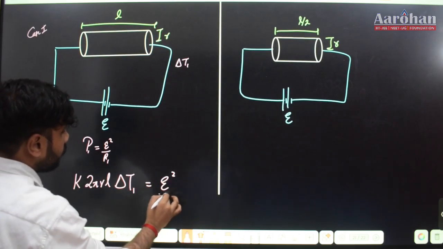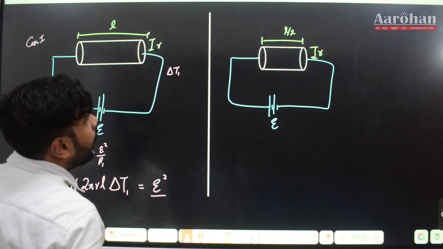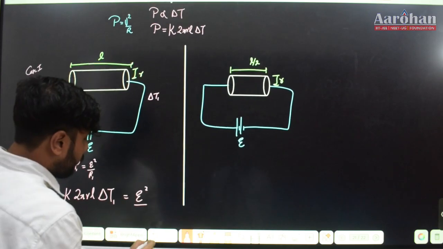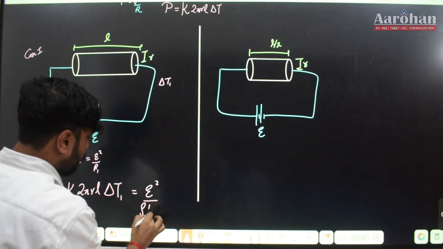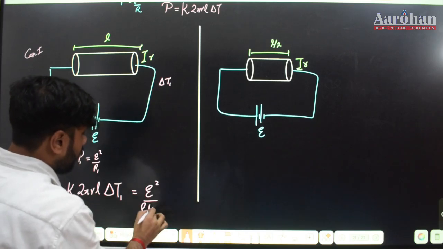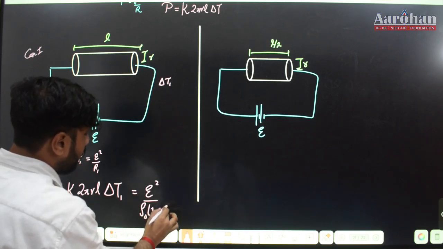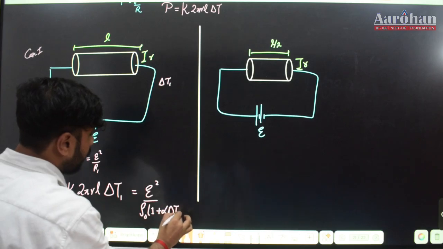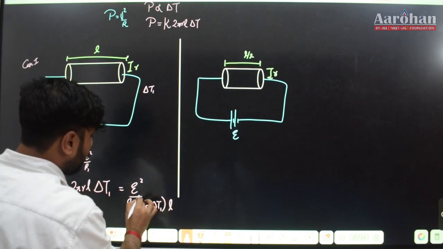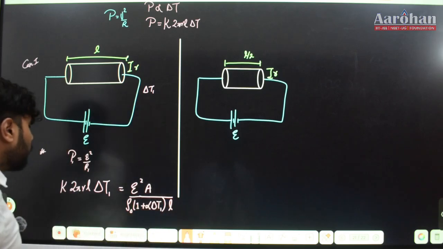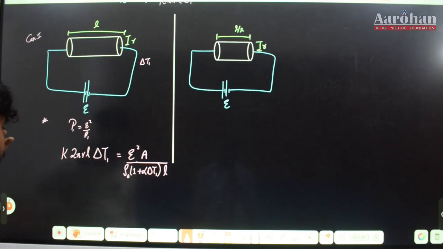And E square by R. R we can write what? Rho naught 1 plus alpha delta T1, and here you will have L and here you will have A. Right? This is what we can write.